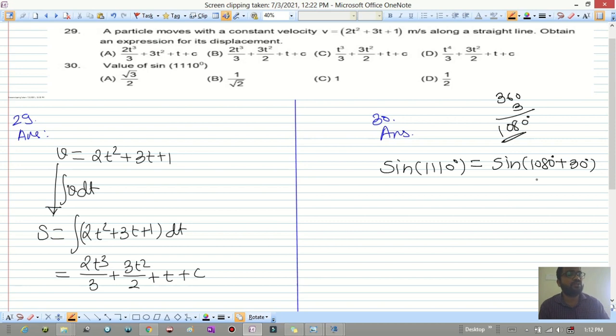That indicates it is on the horizontal line. So as this is on a horizontal line, sine will remain sine 30 degree, and 1080 plus 30 indicates the first quadrant, so it is positive. So sine 30 is 1 by 2. So this is the answer, that is option D. So this is the 30th question.